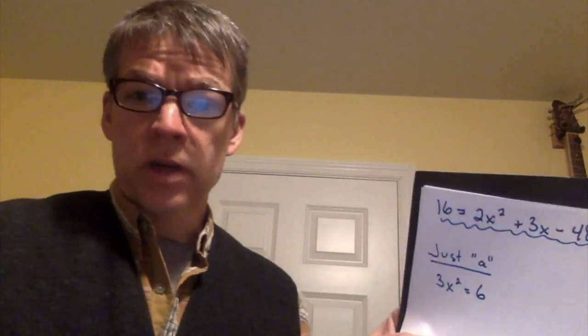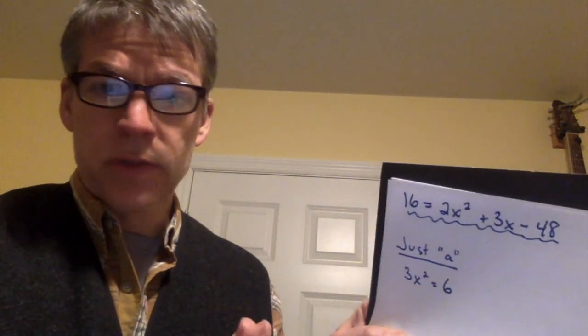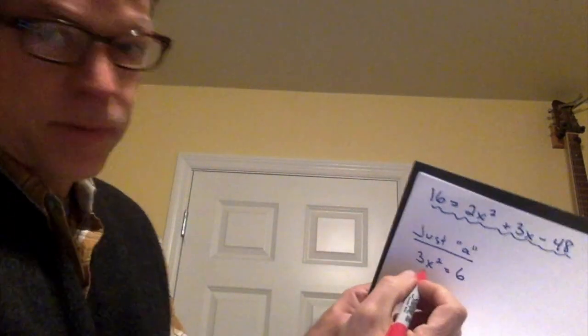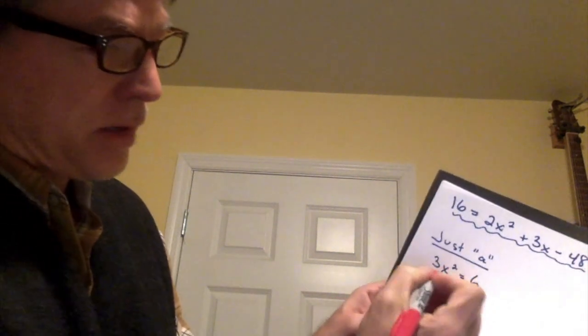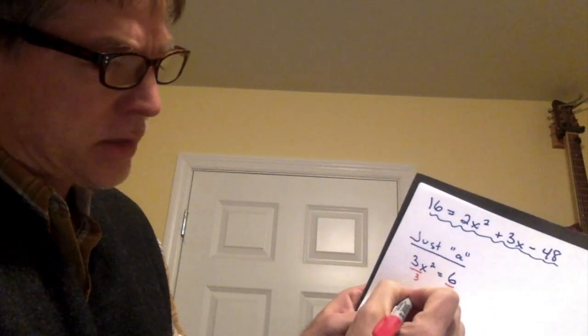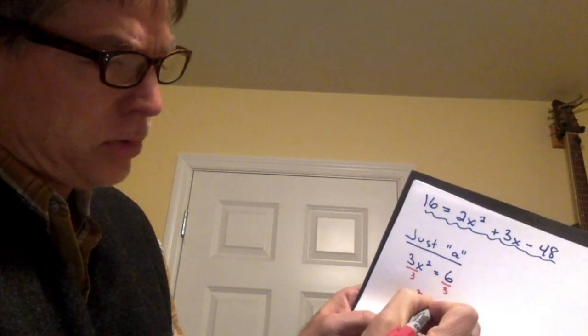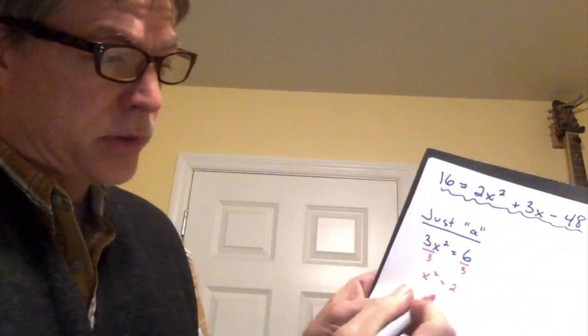So you guys try that and pause the video, and then we'll see if you got the right answer. All right, hopefully you got it. Here's how you do it. It's just like solving linear stuff. Do the same thing to both sides. So divide both sides by 3, and I get x squared equals 2. And then how do you undo a square? You square root both sides.